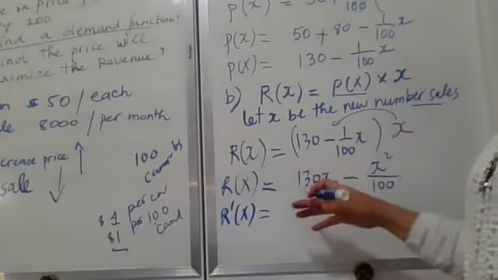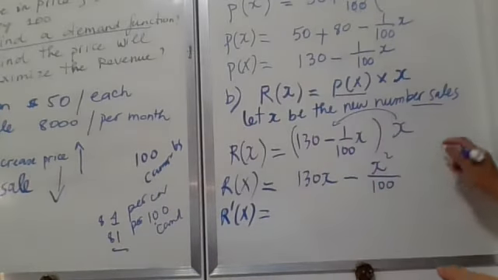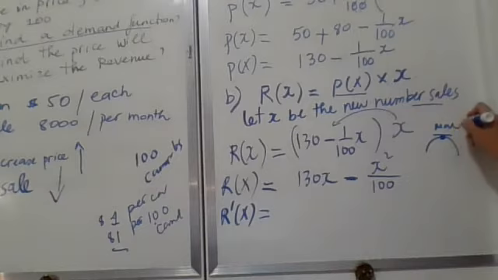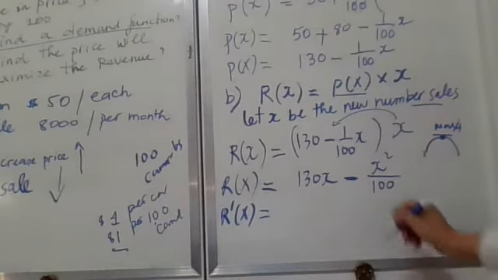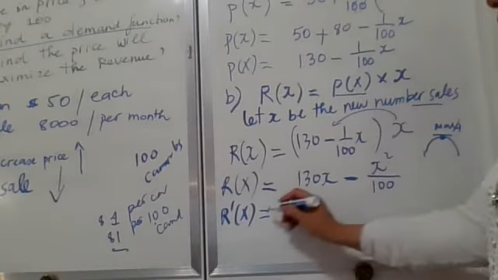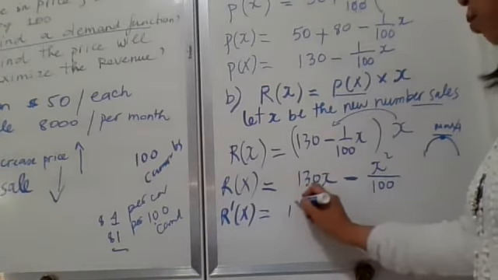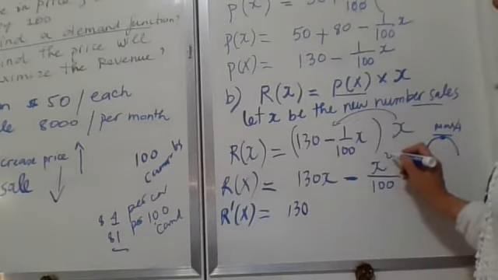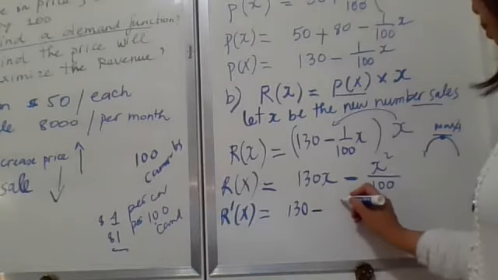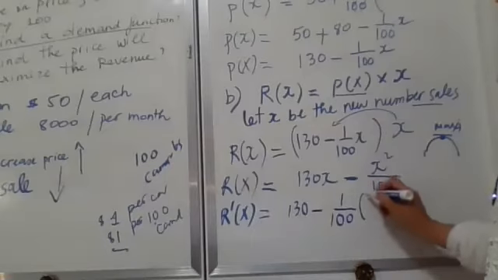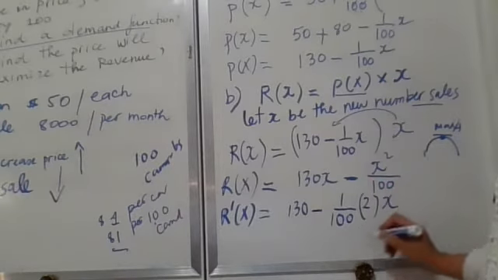Remember, when we take the derivative, we find the maximum or minimum. Now this function is a parabola and it goes down because of the negative, right? So you know this is the maximum revenue, because the parabola is going down. This is something we learned in math 10 already, right? So now, taking the derivative of this will be equal to 130 minus 1 over 100, we bring down the 2 and change x squared to x.